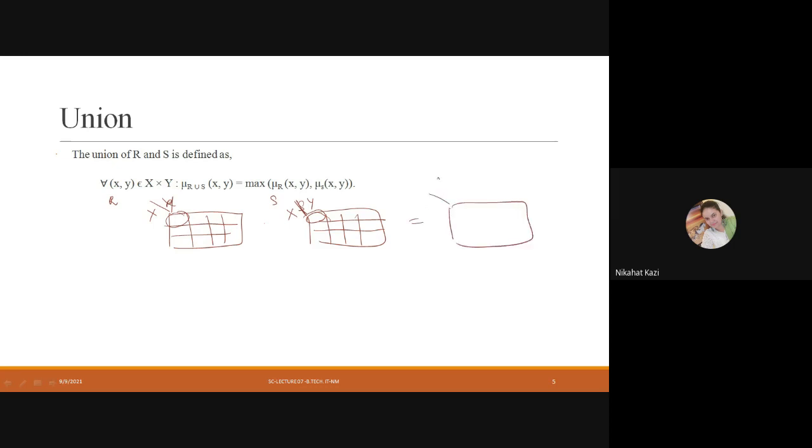In R union S, you will have the max of this and this. Likewise, for all the pairs, you take the max value and put it in. That will be the result of the union of two fuzzy relations.